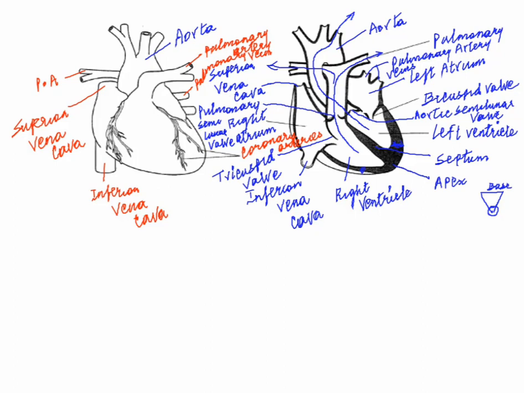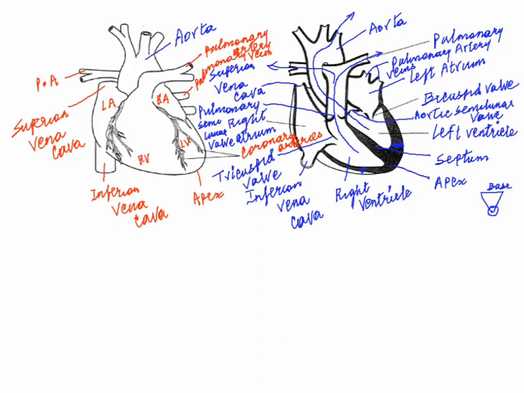Is that clear now? Then this is, of course, the apex of the heart, and this region is the right atrium. This is the left atrium. It's very small. Is that clear? Then this is the left ventricle. This is the right.